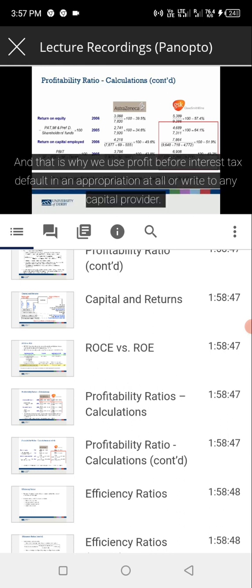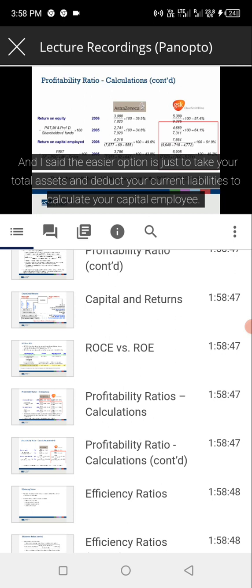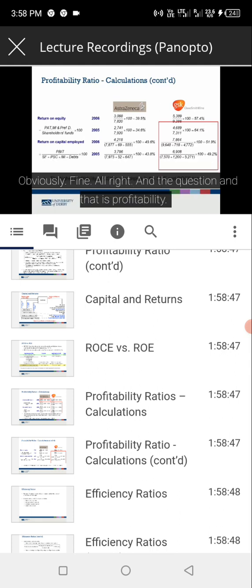And that is why we use profit before interest and tax, before any appropriation at all, to any capital provider. All right? And I said the easier option is just to take your total assets and deduct your current liabilities to calculate your capital employed. That is still fine. All right? Any question? And that is profitability.